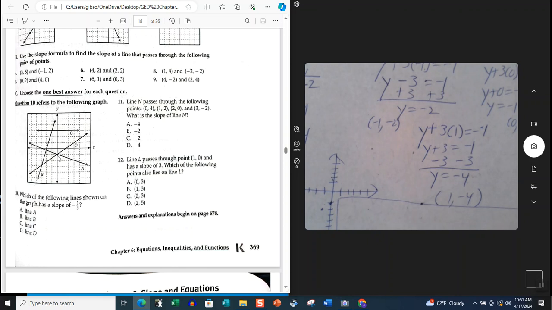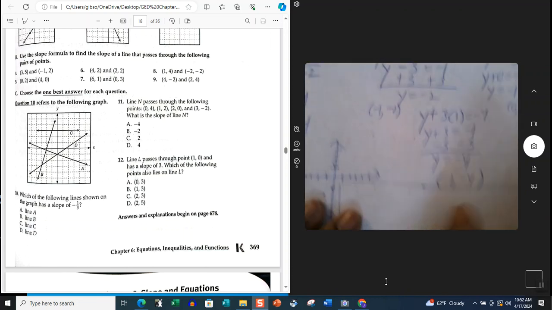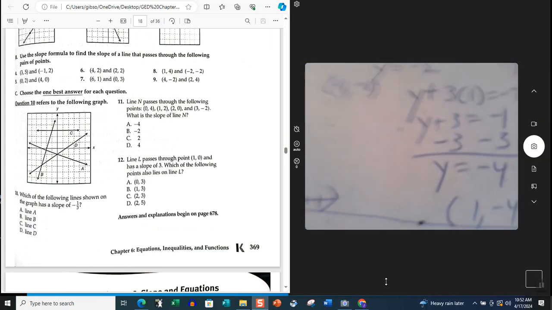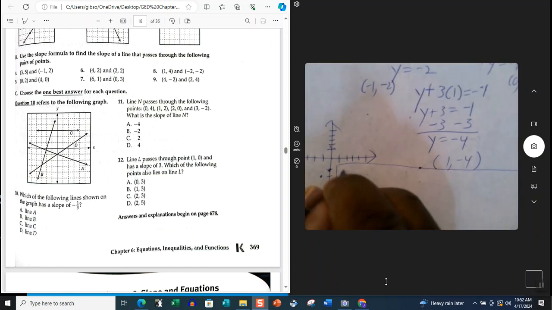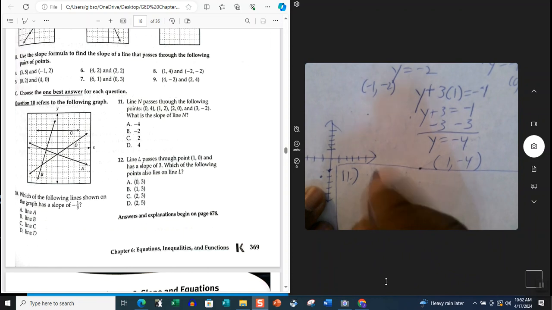It really doesn't matter which 2 points you use, because if they're all on the same line, whatever 2 points you use should still give you the same slope. So for problem number 11, I'm just going to use the first point and the last point, just to mix it up a little bit.